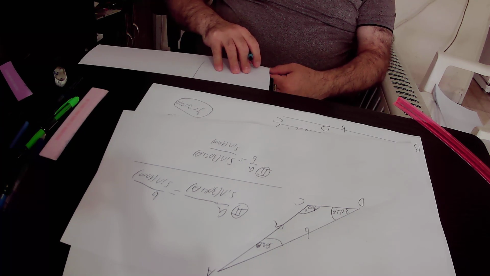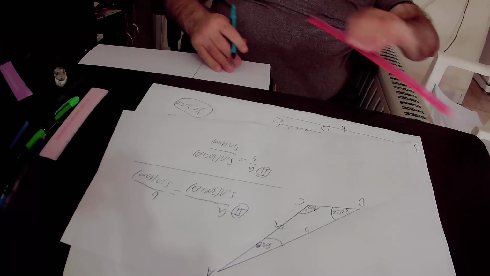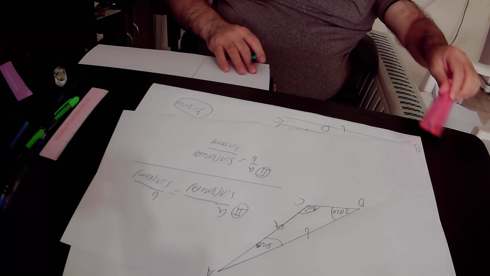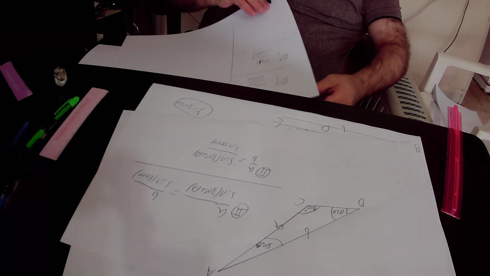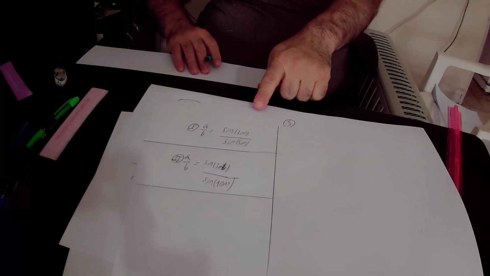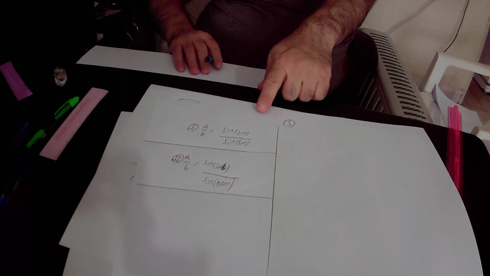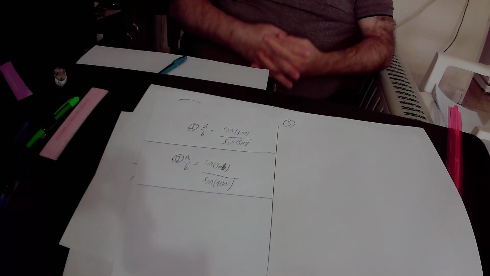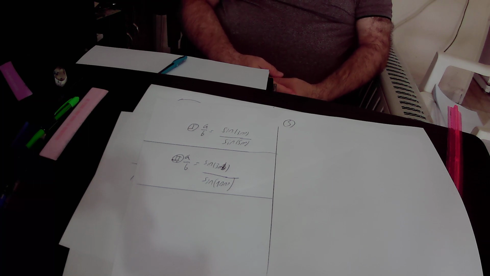I repeat again. According to equation number 1, A over B equals sine 30 degrees over sine 50 degrees, and according to equation number 2, A over B equals sine 30 degrees plus theta over sine 100 degrees.